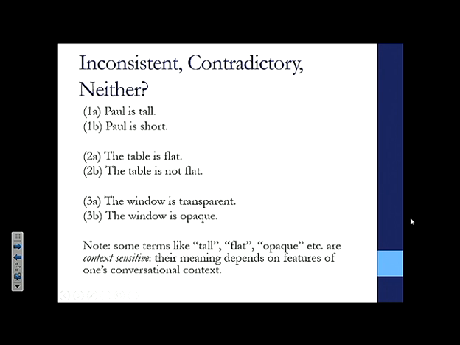Some terms of language are context sensitive. When one person uses the term, it means one thing. When another person does, it can mean another. Judgments of tallness or shortness are always relative to, and you'll remember this maybe from the discussion of relativism in the introductory ethics course, a reference class.